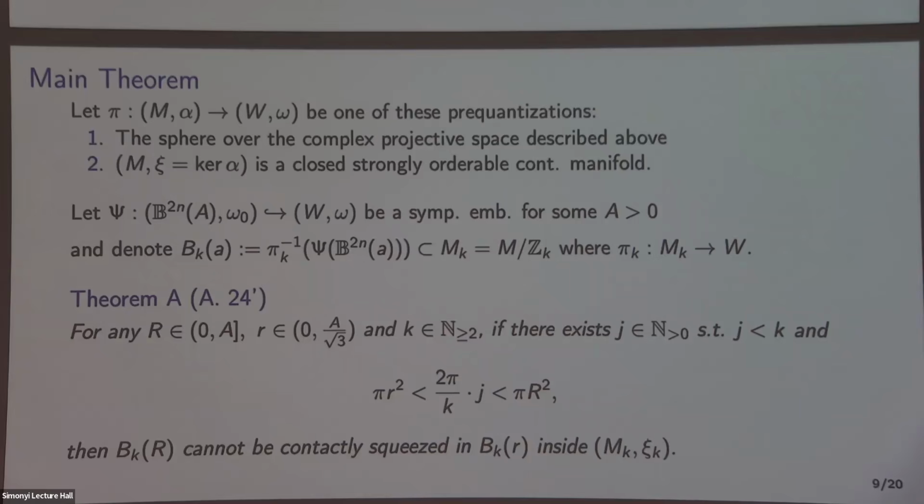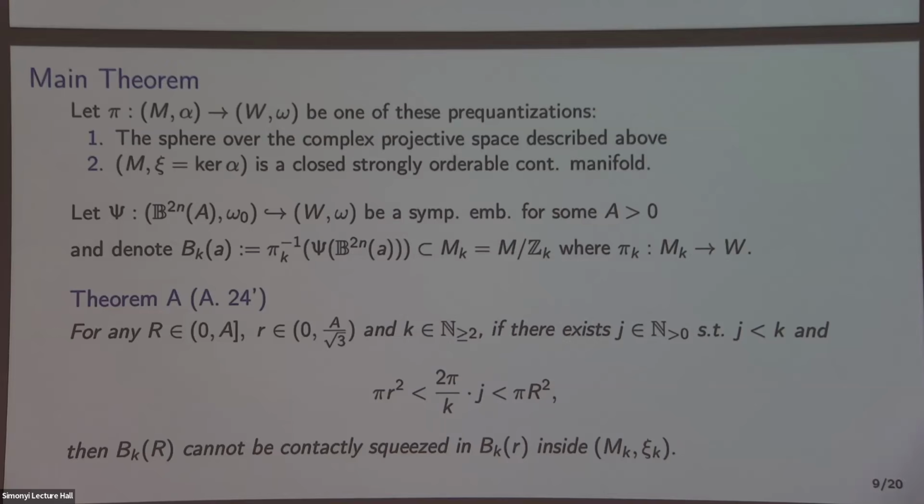So if K is small, it becomes harder to do contact squeezing? No, let's say if K is small, for example if K is equal to 2, then you're in the case of real projective space. Let's say this is pi a square.